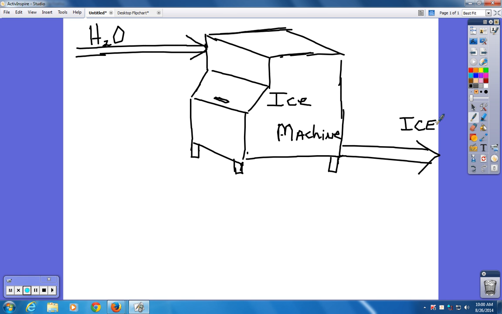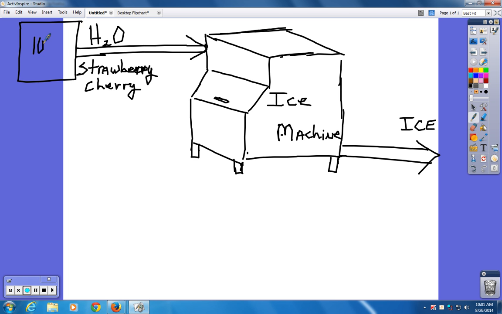Now, let's say that I want to be experimental with my ice machine. It works great, and I want to put in Kool-Aid. I like strawberry Kool-Aid or cherry Kool-Aid. Let's say that I hook up a tank out here, and this tank holds 10 gallons of water.